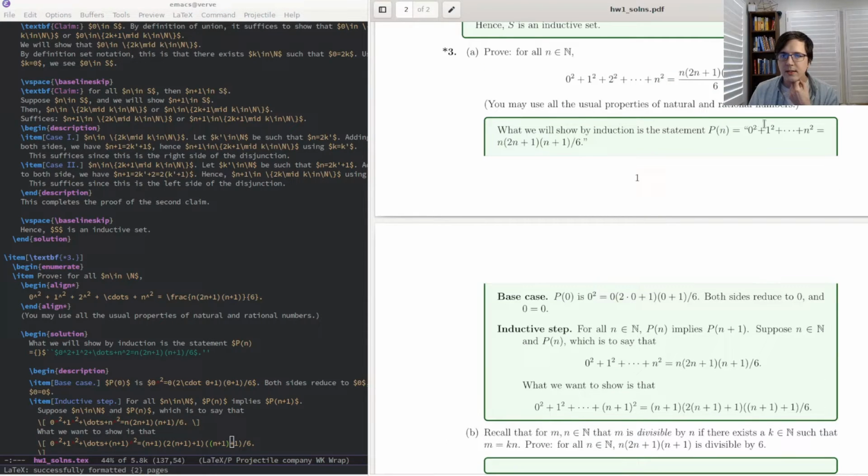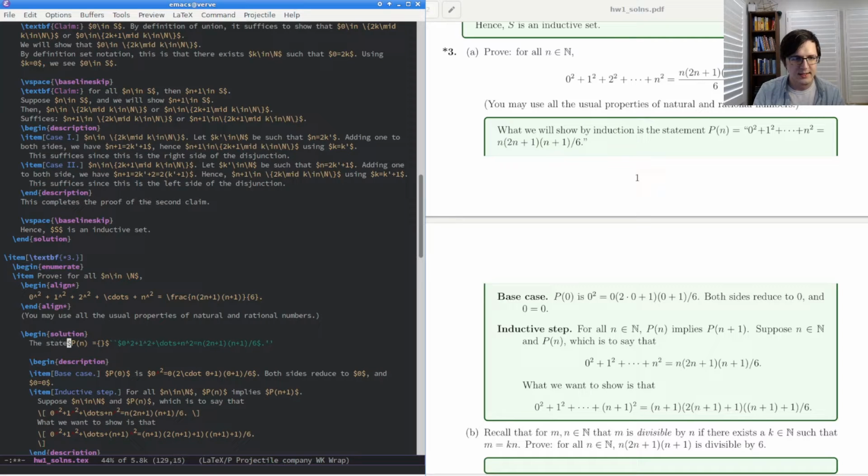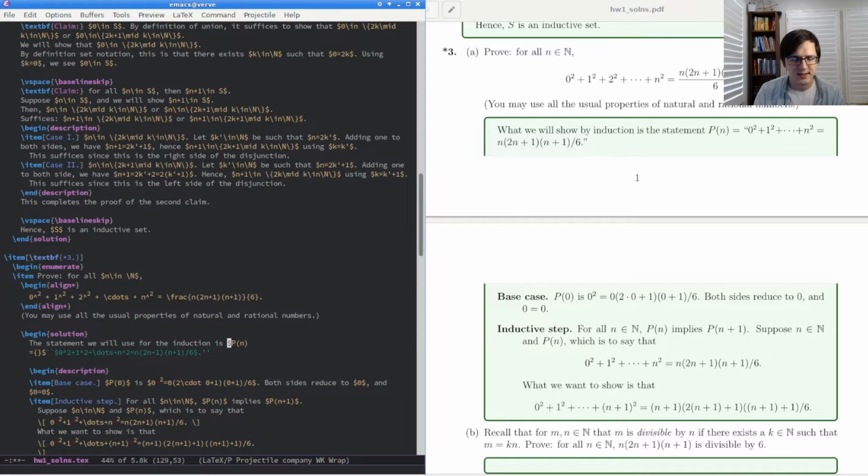Okay, so did I just say this really weird? Let's see, what we'll show by induction is, okay, what I want to say is this: the statement we'll use for the induction is P of n.